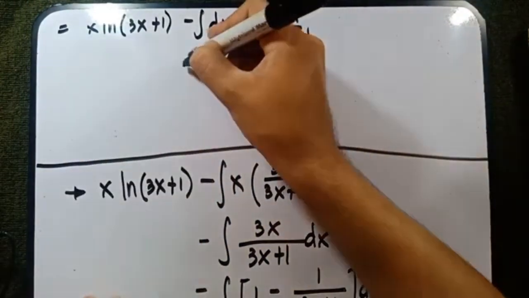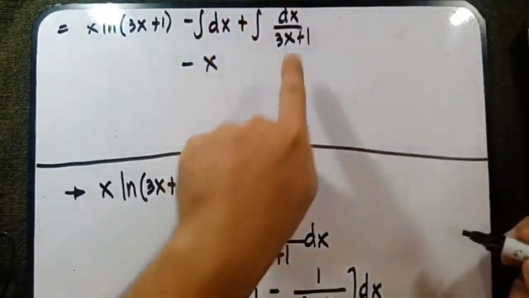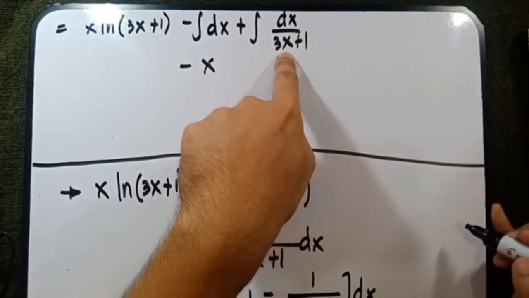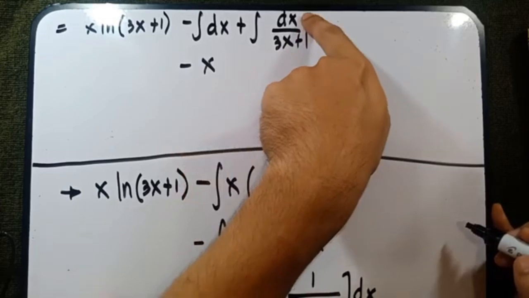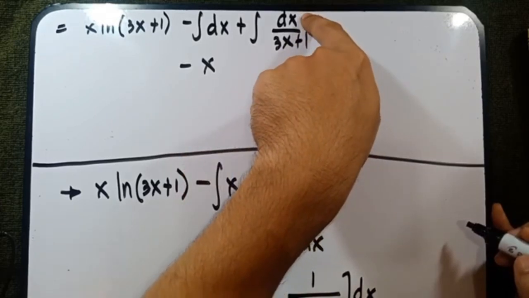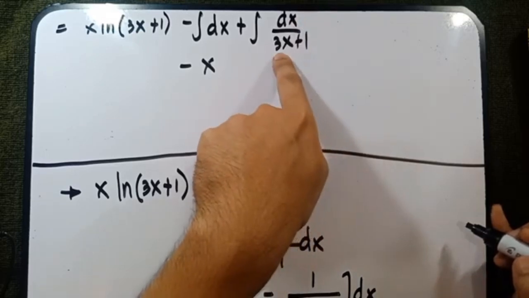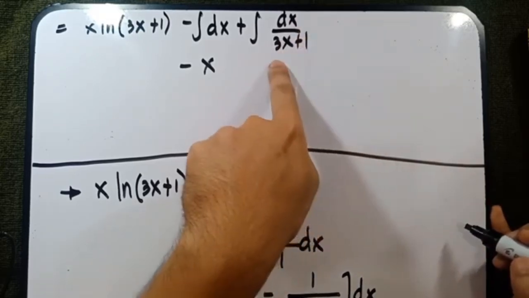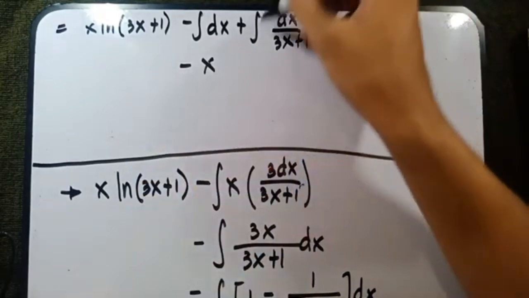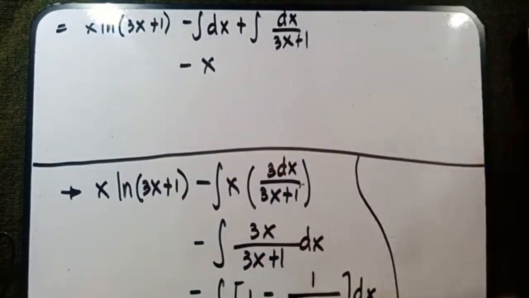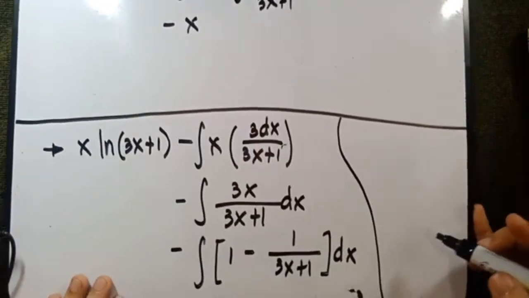So that would be x minus x. As we can see, the derivative of the denominator is the numerator, therefore this is ln. Okay? Again, the derivative of this is this, but there is a 3. So let's do the substitution first.